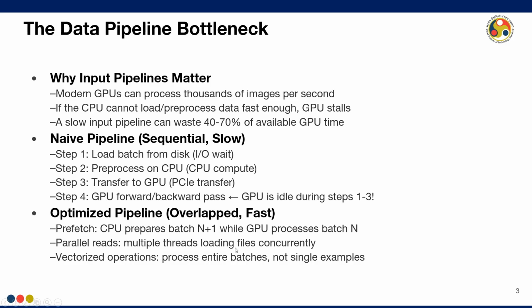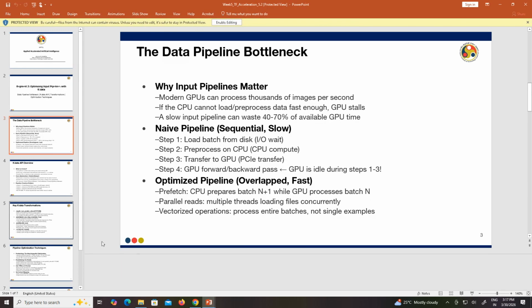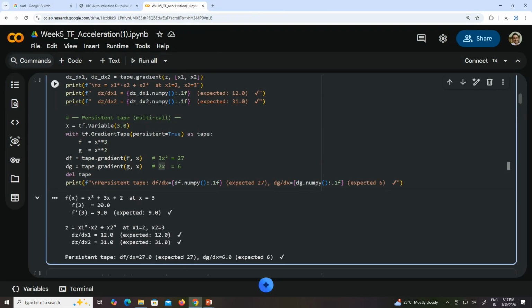That way it can read in parallel, with multiple threads loading files concurrently, and the complete pipeline overlaps execution of pre-processing of data and the GPU forward or backward pass. Okay, so let's go into the handout.